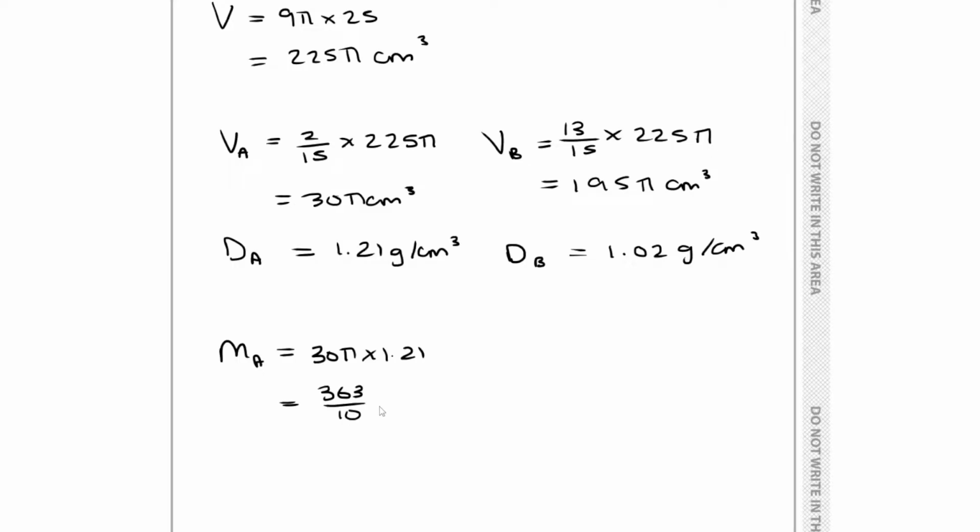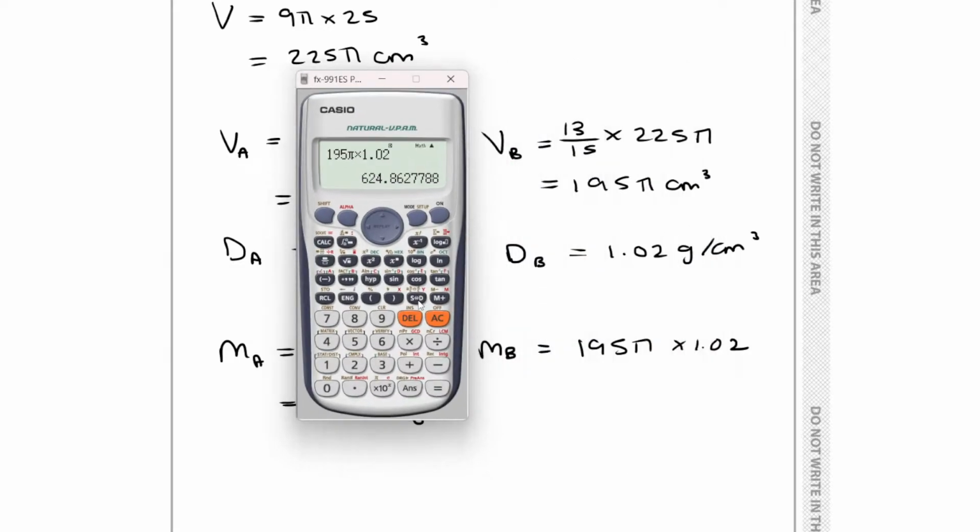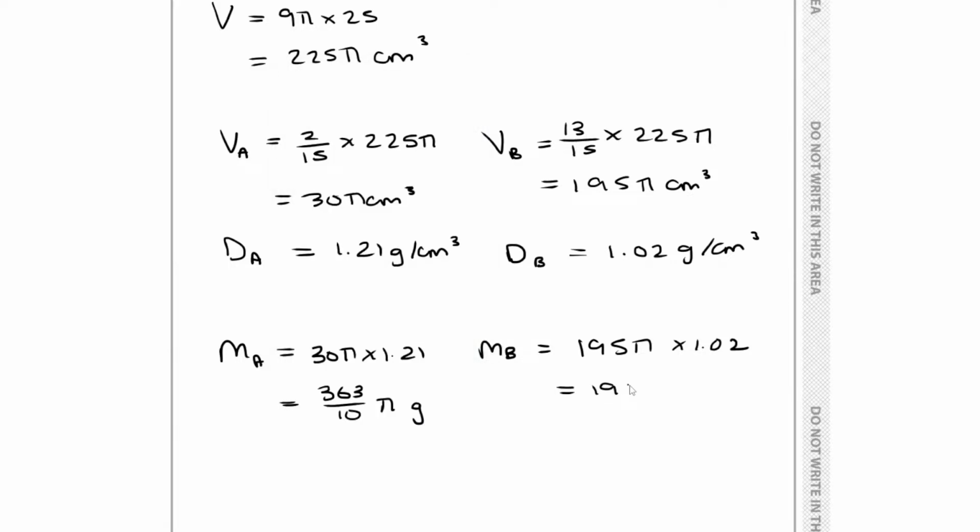Again, because we're not at the end yet, that's the only reason why I do that. That would be in terms of grams. The mass of B, same thing, 195 pi multiplied by 1.02, which gives me 1989 over 10 pi, or in decimals 624 grams.